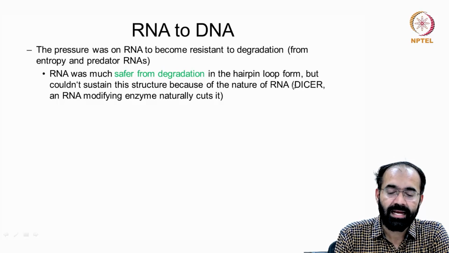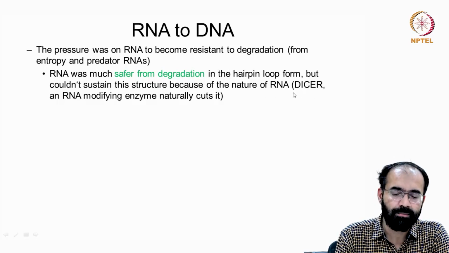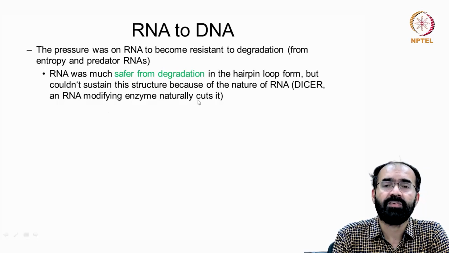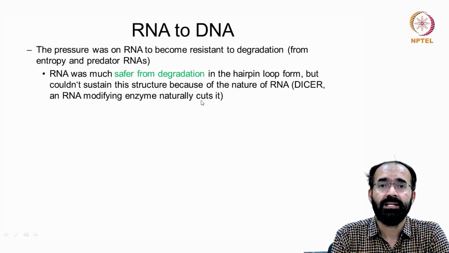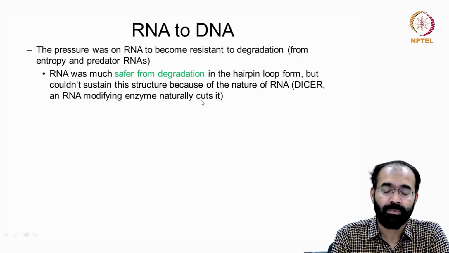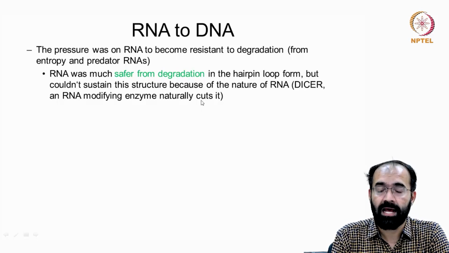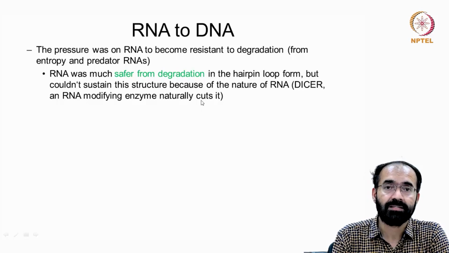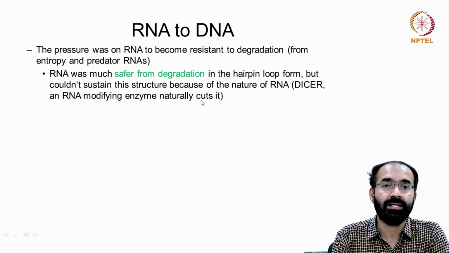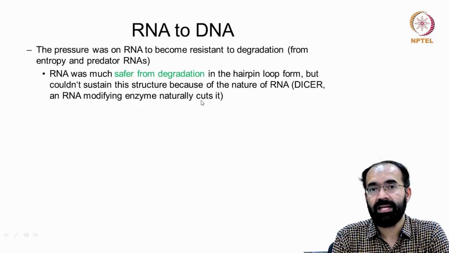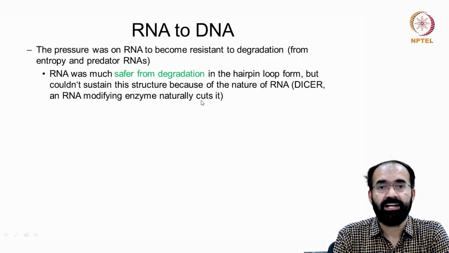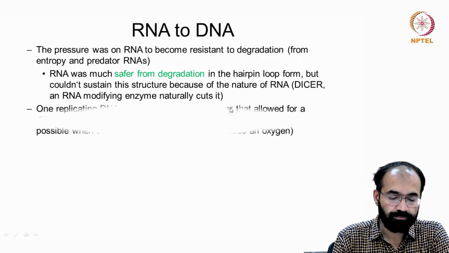Like you can see a typical enzyme. It's a protein enzyme called dicer. It's an RNA modifying enzyme that has an affinity specifically for a given secondary structure of RNA. That means it does not depend on the RNA's sequence, but on a secondary structure that makes a template. Dicer will catch hold of an RNA template provided that RNA is in a given secondary structure or a stem loop structure.